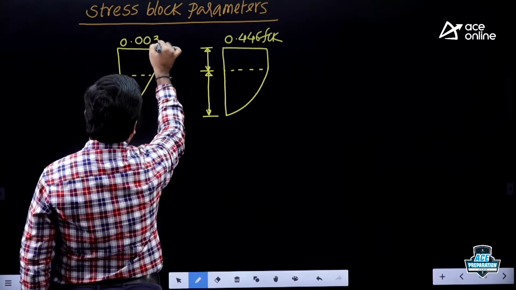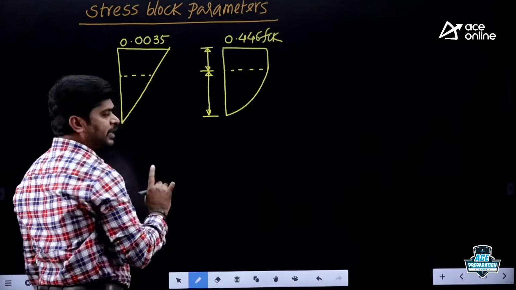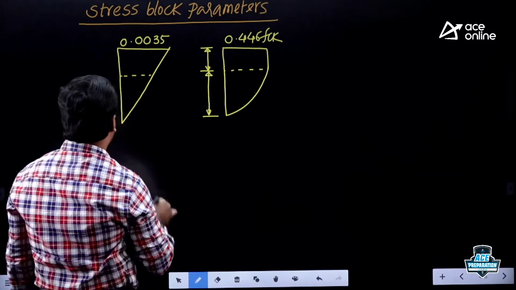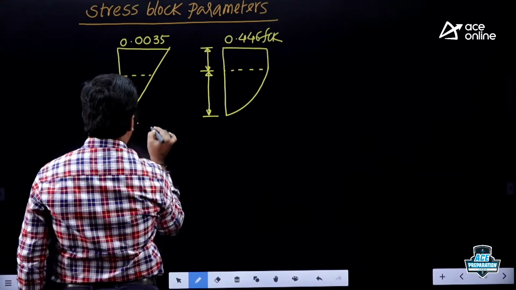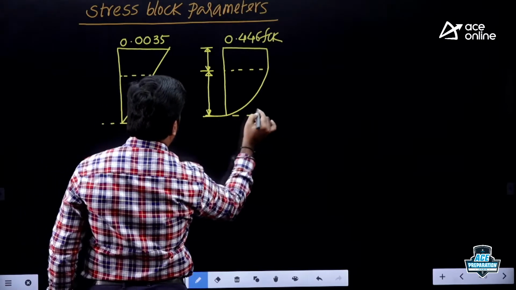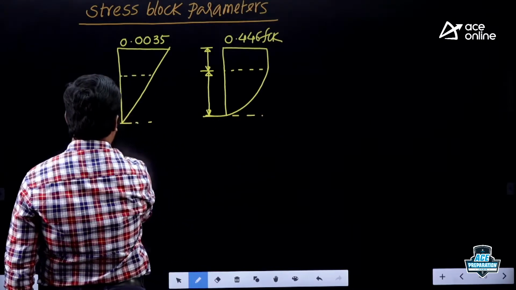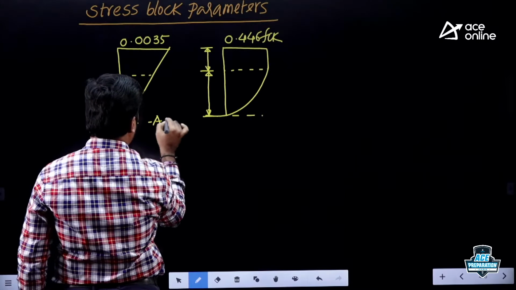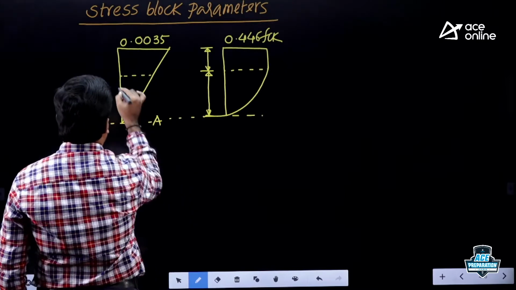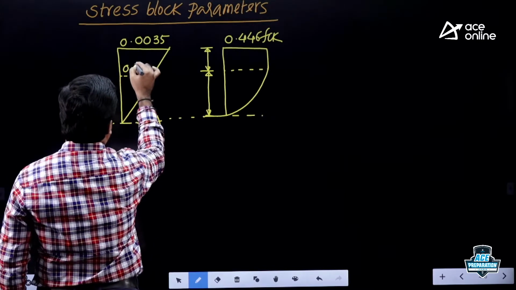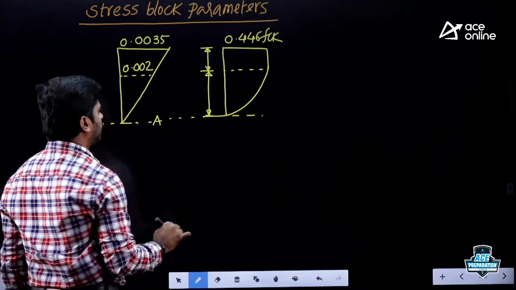It is 0.0035. Standard one I am taking. This is the neutral axis position. You know the strain in concrete at this level is 0.002.